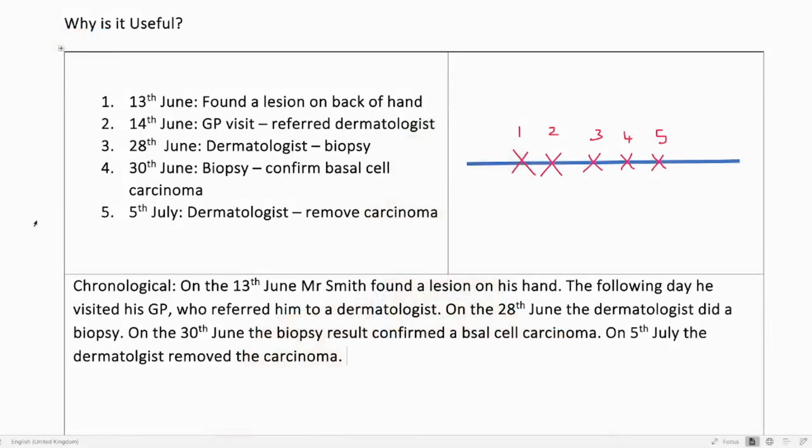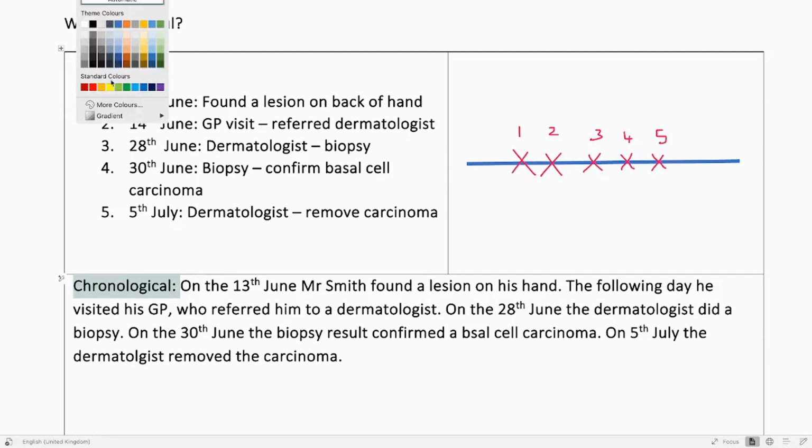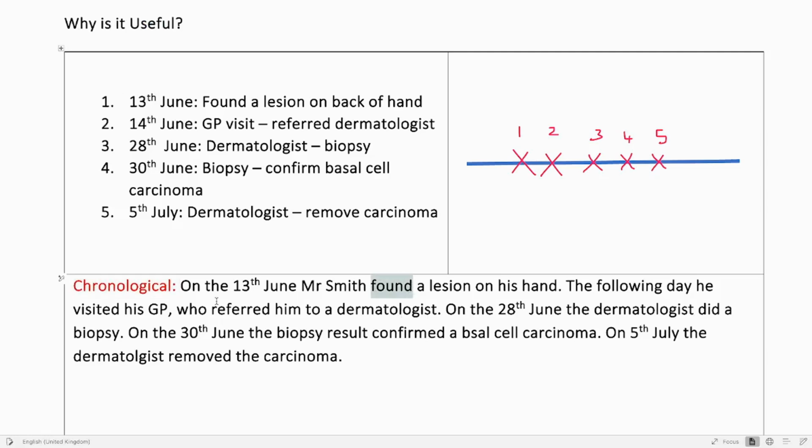Okay? So instead, I probably won't do chronological. All right? I'm probably not going to go with that past simple all the way through. Look, found, visited, referred, did, confirmed, removed.